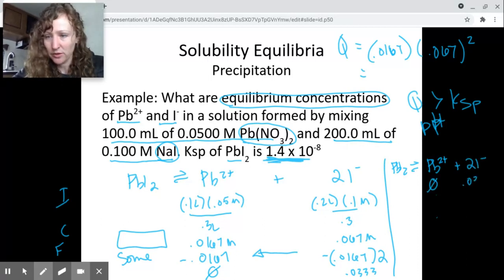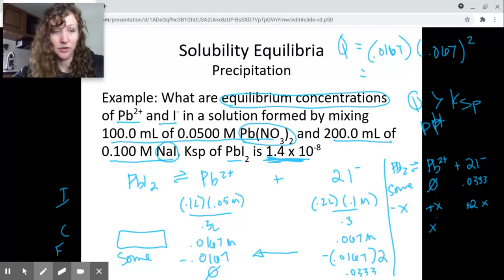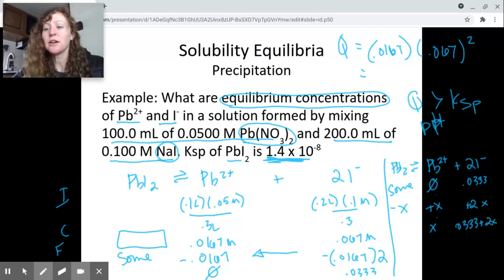I have 0.0333 molar iodide, and I have some solid. So now some of that solid's going to dissolve, and I'm going to gain some lead ions. If I gain X of the lead ions, I'm going to gain 2X of this. So my equilibrium concentrations will be some amount of lead 2 ions, which is X, and then 0.0333 plus 2X of my iodide.